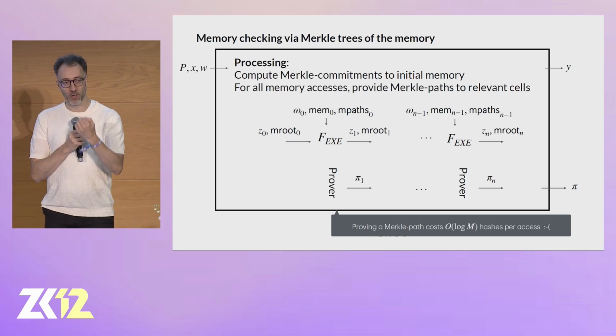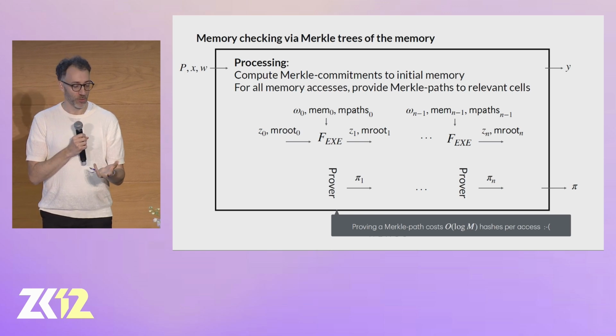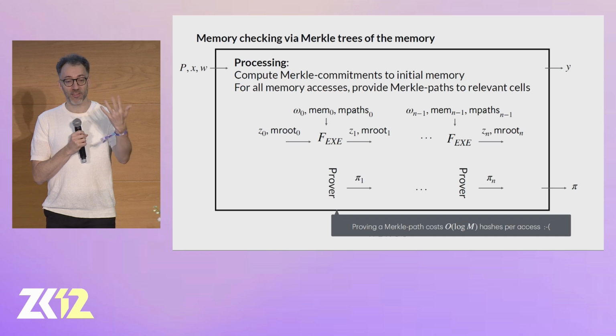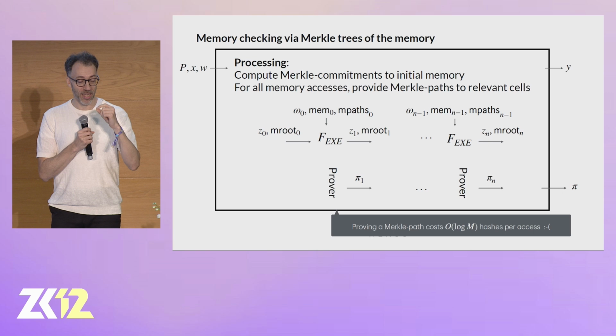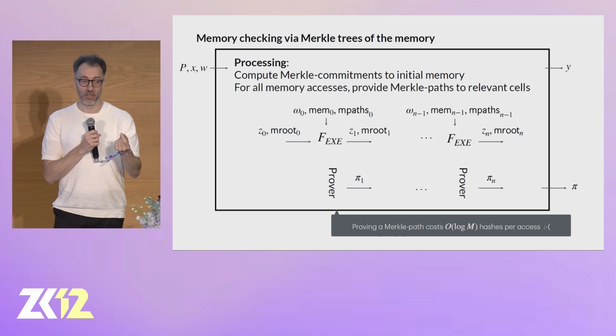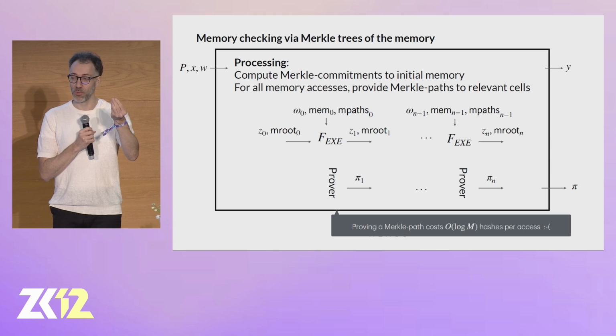Now whenever you are accessing the memory, we will not only give the accesses to memory, but we will also give Merkle paths to the root. For every access to the memory, you can check that this is consistent with the memory that's committed in that Merkle tree root.